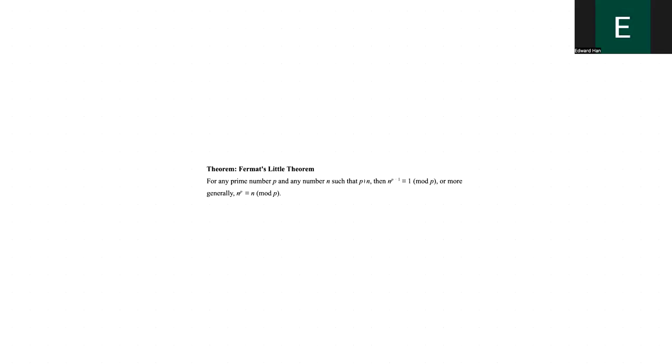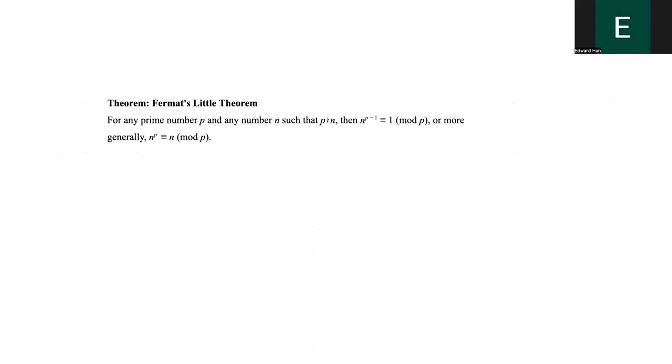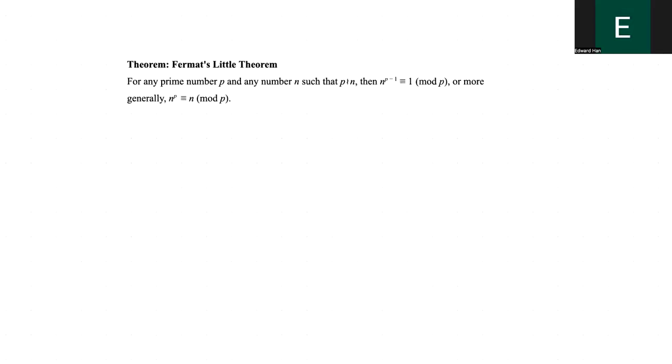Fermat's little theorem says that if there's a prime number p and a number n such that p does not divide n, well, this implies that their GCD is 1, right? Since p is a prime. Then n to the p minus 1 is congruent to 1 mod p. And then the second part is a generalization that isn't really Fermat's little theorem, but it's close.